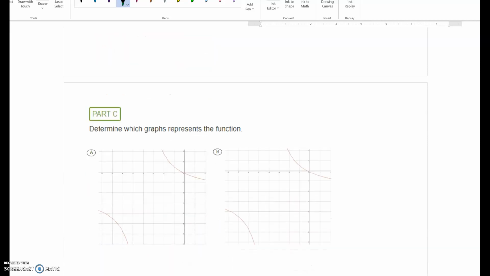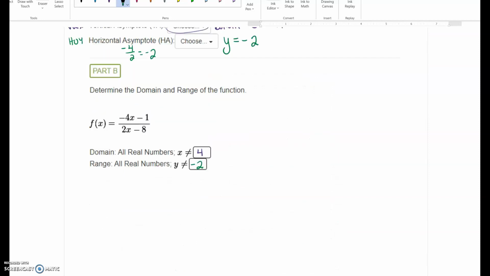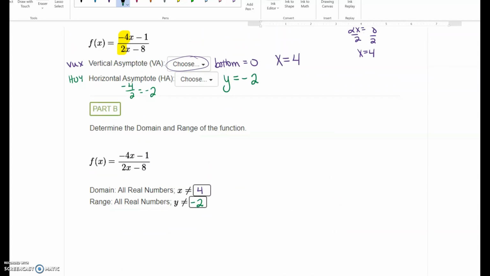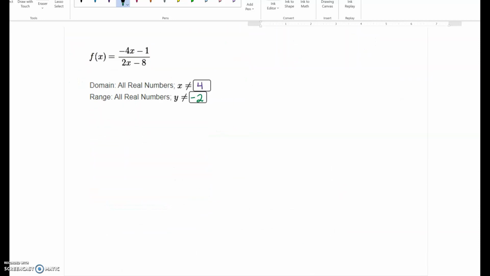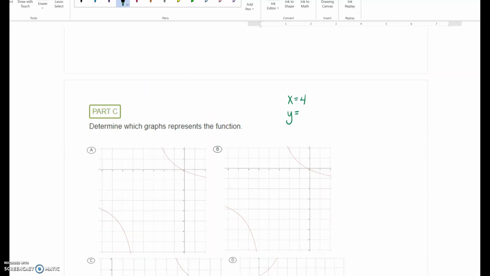Part C, which I have to scroll a little bit, we are looking for that graph, and I resized them a bit so we can see them all at the same time. It has to have a vertical asymptote at 4. So vertical asymptote at x equals 4 and horizontal asymptote at y equals -2.